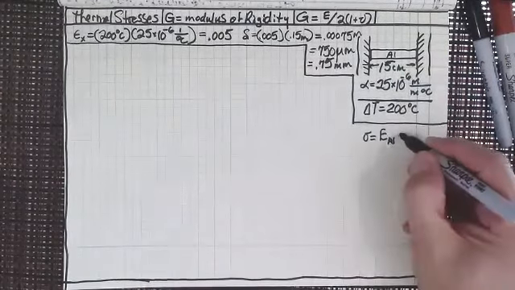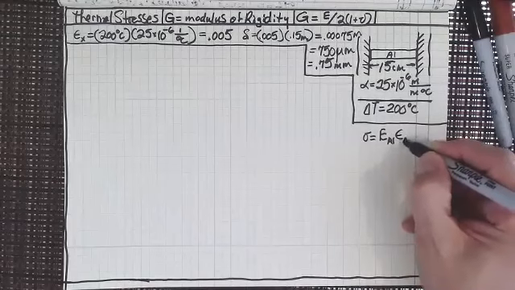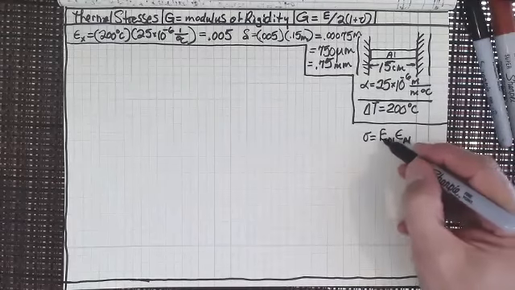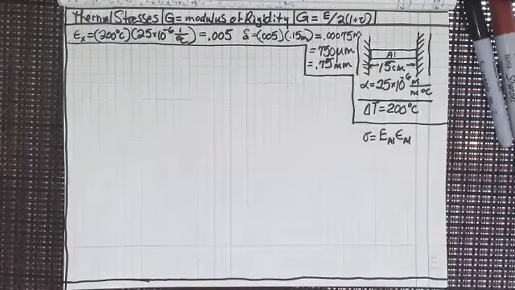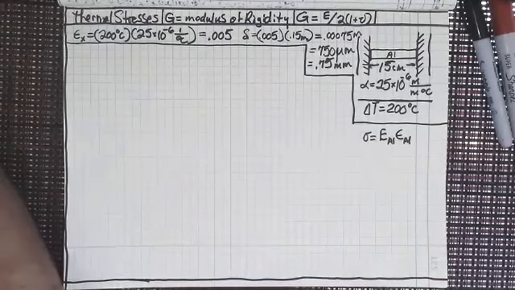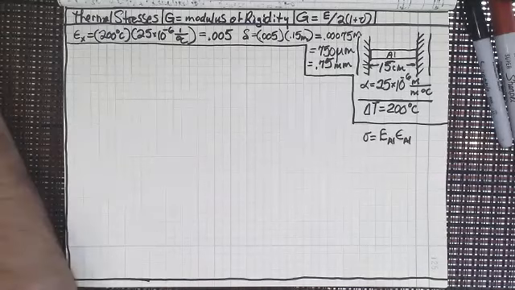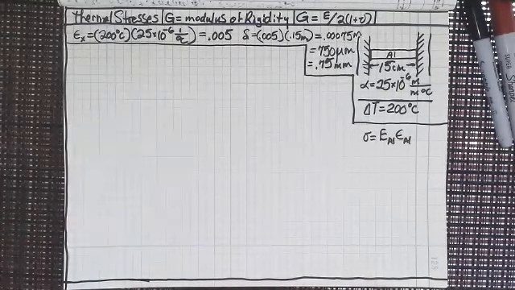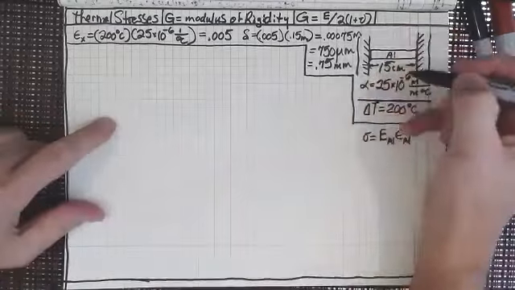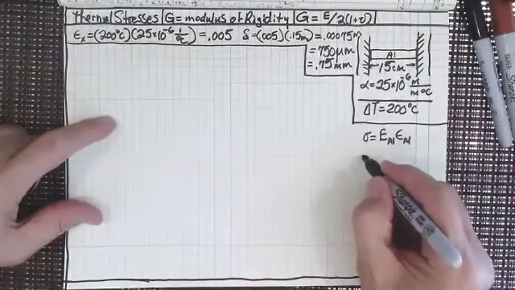Now, let's get back to this, right? So we know what the strain is, but we don't know what the modulus of elasticity is for aluminum right off the top of my head. So I'm just going to look that up for a second. Okay, for aluminum, E, I'll put it down here.